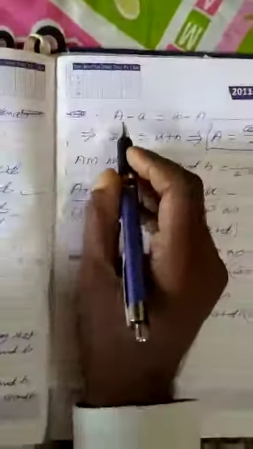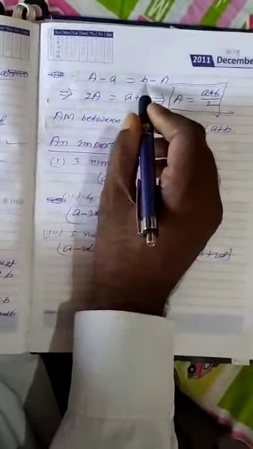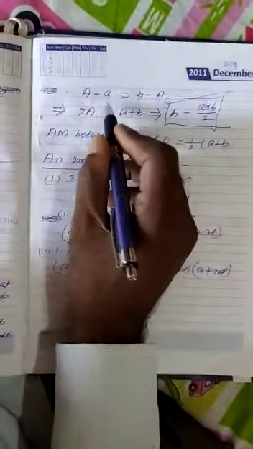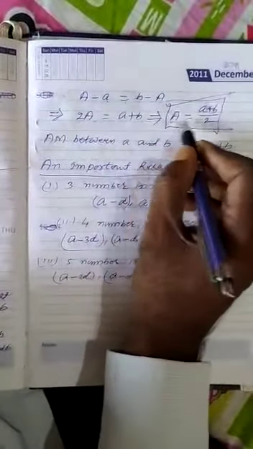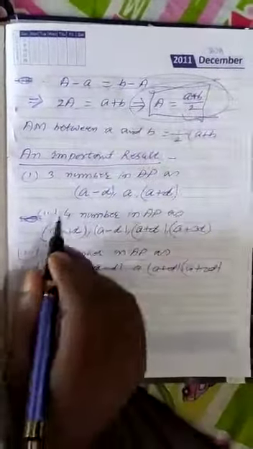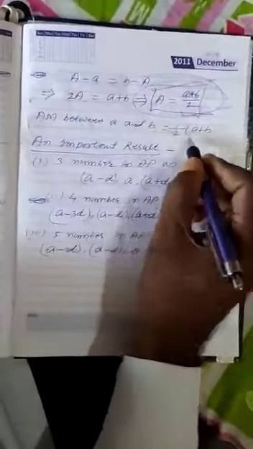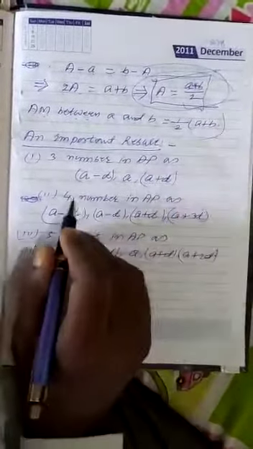Then A minus a is equal to b minus A. Transposing A, 2A is equal to a plus b, so A is equal to a plus b by 2. This is the arithmetic mean. The AM between a and b is equal to a plus b by 2.